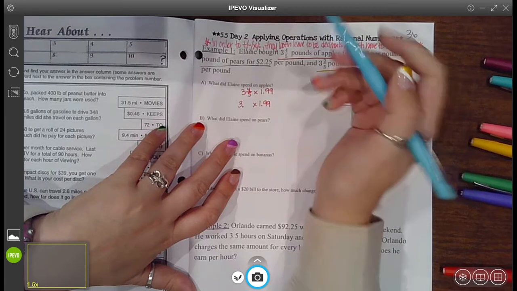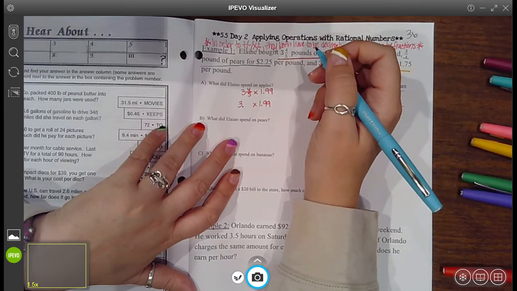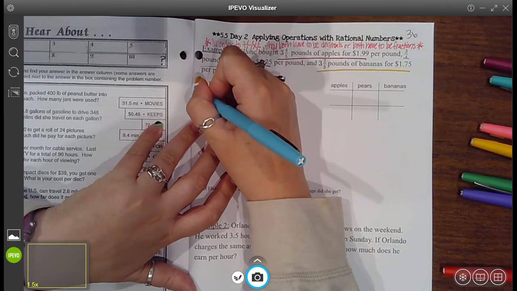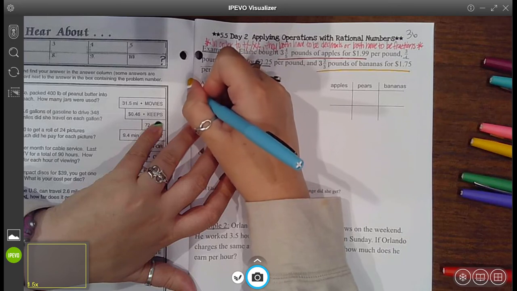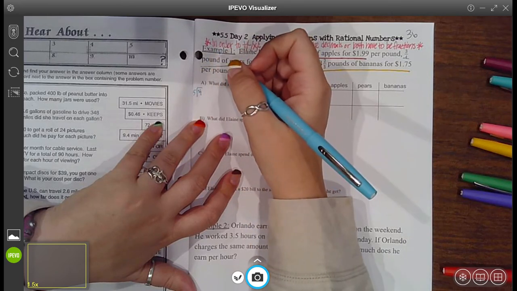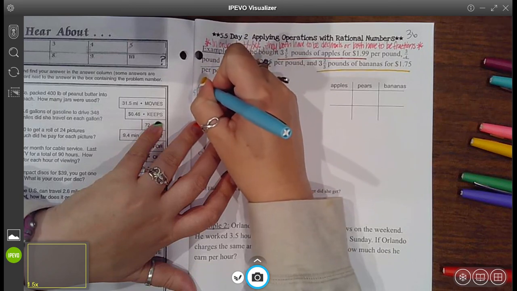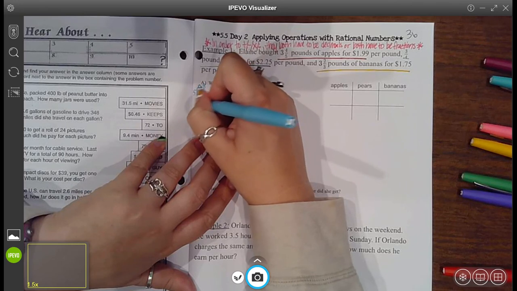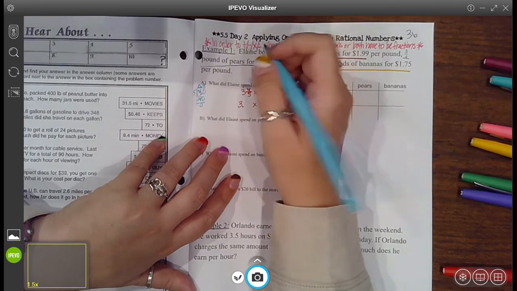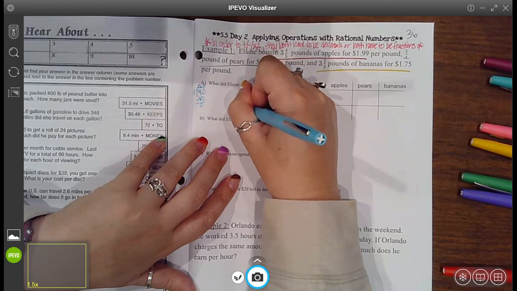So let's do some scratch work off to the side. To change a fraction to a decimal, you could take the top divided by the bottom. So 5 goes into 4, it can't, so add a decimal and a 0. And 5 goes into 40 8 times, and it went in evenly. So it's 0.8. 4/5 is the same as 0.8.